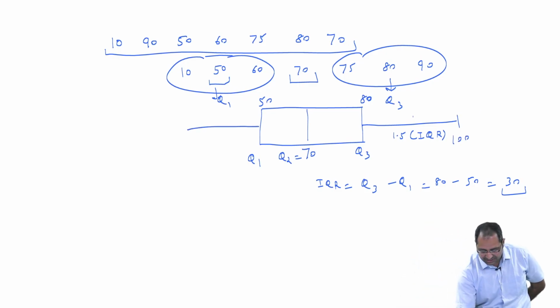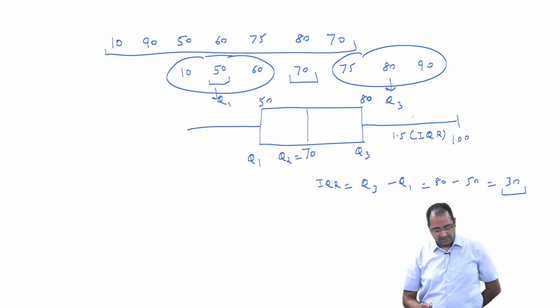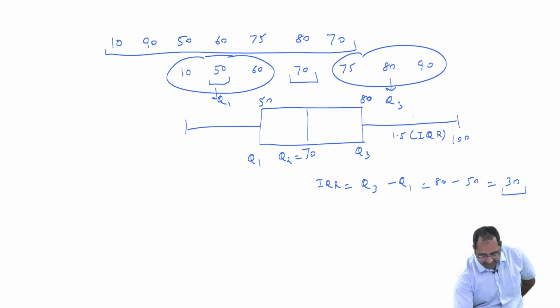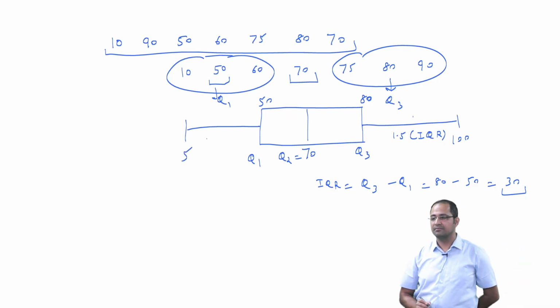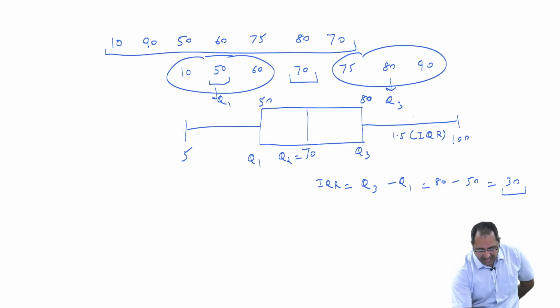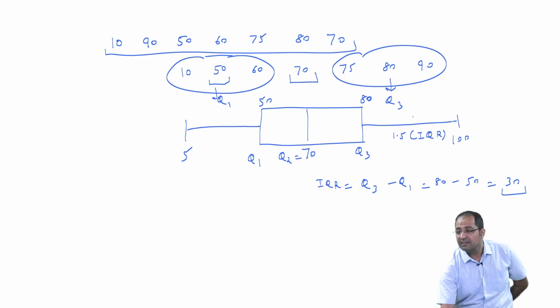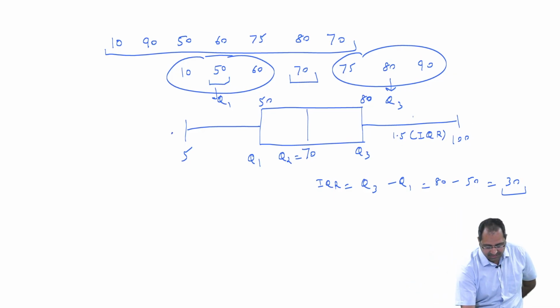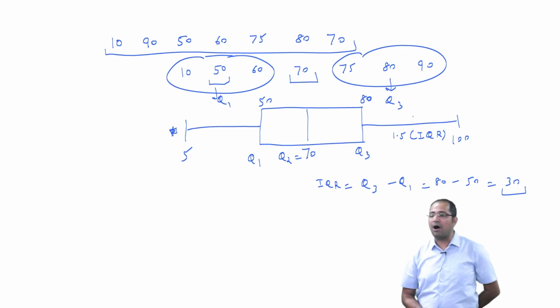On the left side, again 45, which means at 5. So any value less than 5 is an outlier, and greater than 100 is not possible. Let's say if there is one person who scored less than 5, that will become an outlier.